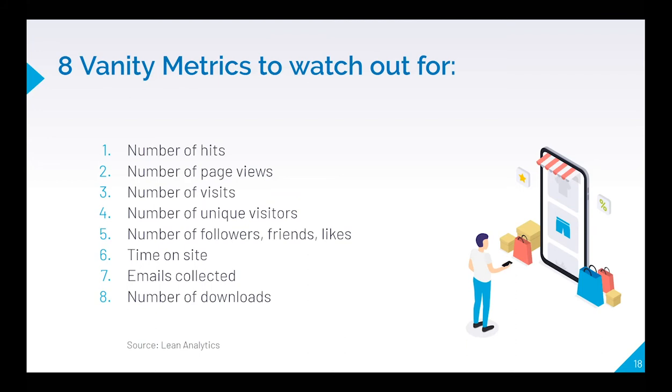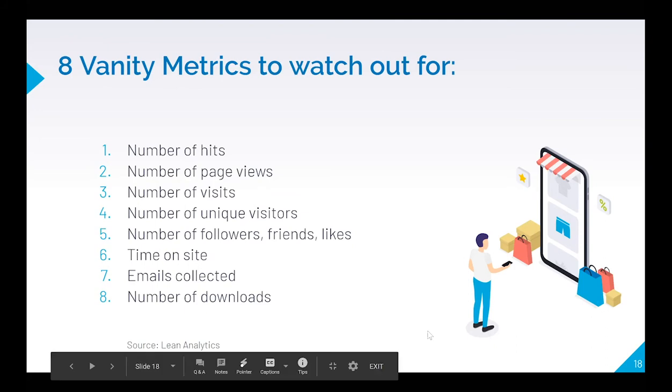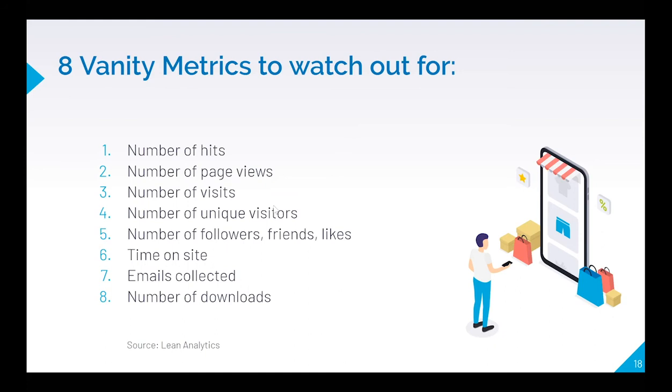Number 6, for example, which is the time on the site. This is sometimes used as a poor substitute for actual engagement, and it's not very actionable unless you know what it is that people are doing on the site, because then that informs what are the important features, what features should we be marketing, what features are the core of the product that we're building.